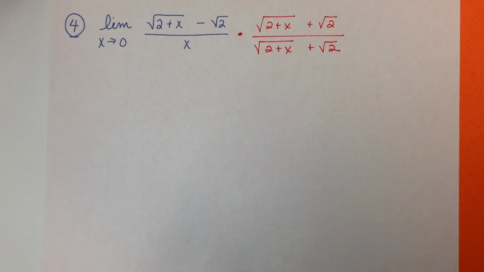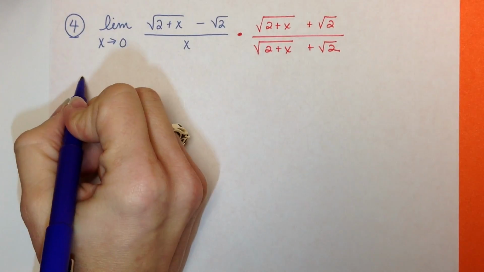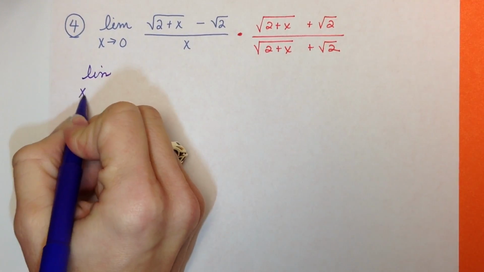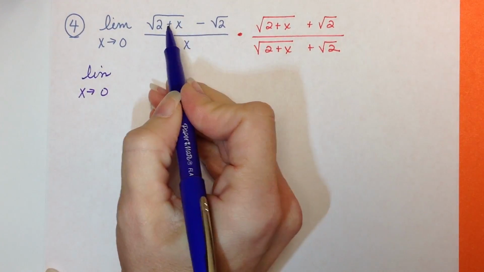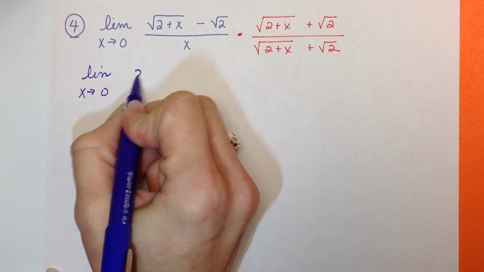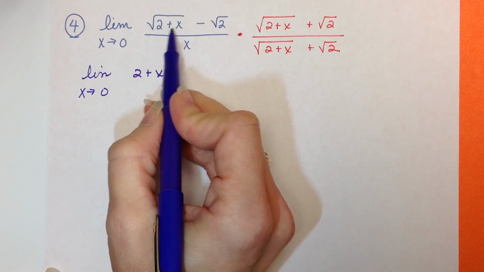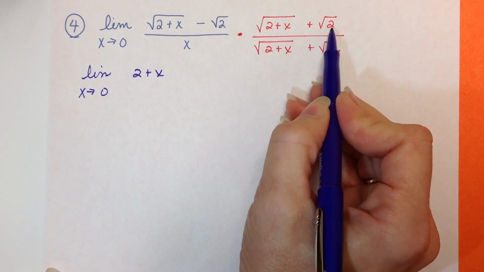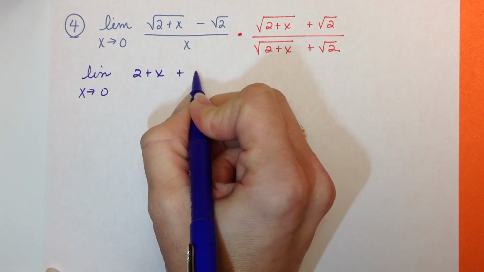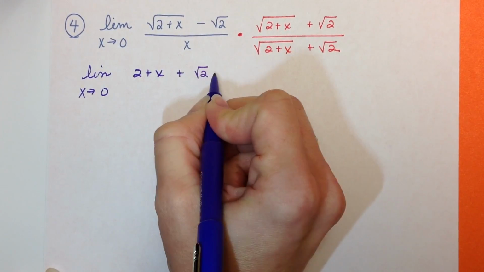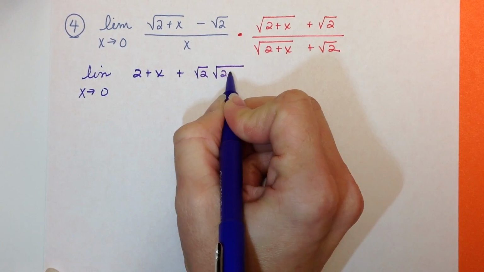Alright, so with your numerators, you're going to need to FOIL this out. So the square root times the square root, remember, just gives you what's underneath it. Now, with the square root of 2 plus x times the square root of 2, just leave it as square root 2. I mean, just leave them side by side.